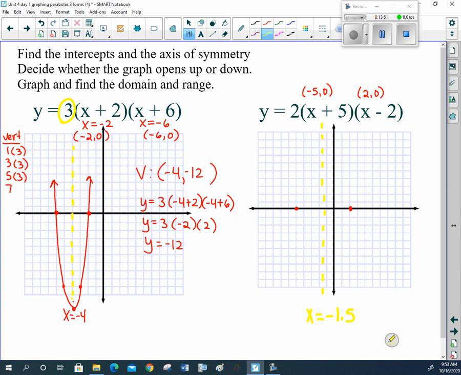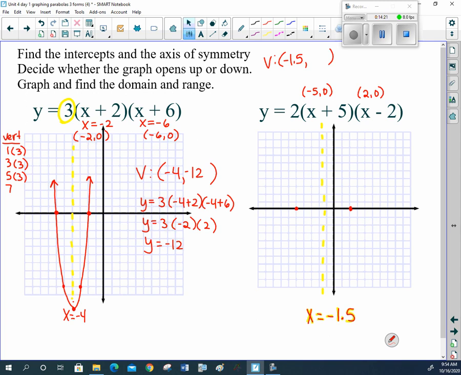Let me change that marker so we can read that a little better. x equals -1.5. Okay, so we know our vertex then is at -1.5, comma, and we need to put that into our original equation and figure out what our y value is.